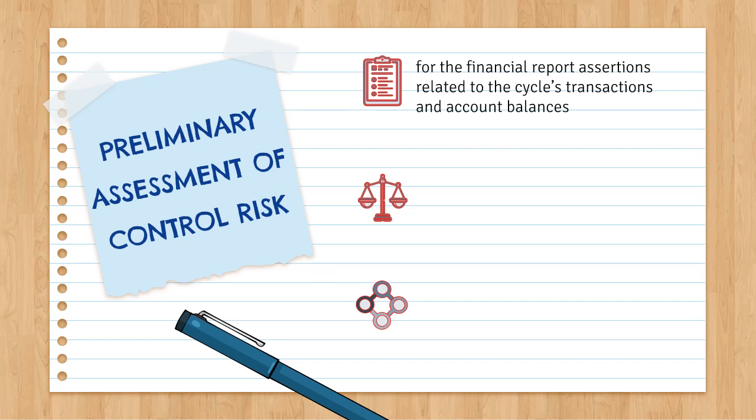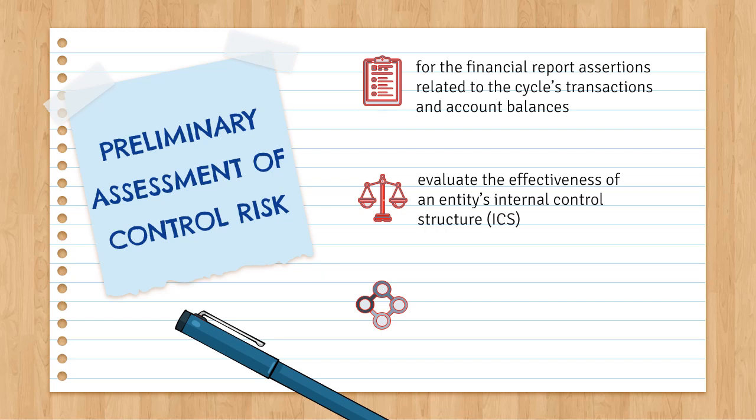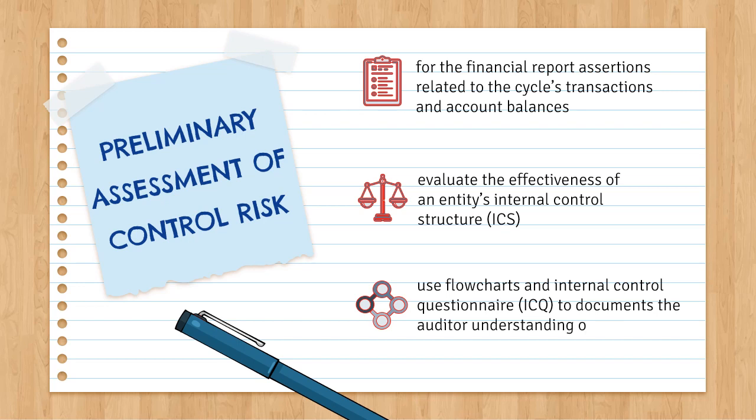It is also to evaluate the effectiveness of an entity's internal control structure in preventing and correcting material misstatements. The use of flow charts and internal control questionnaires is to document the auditor's understanding of the internal control structure and also the assessment of control risk.